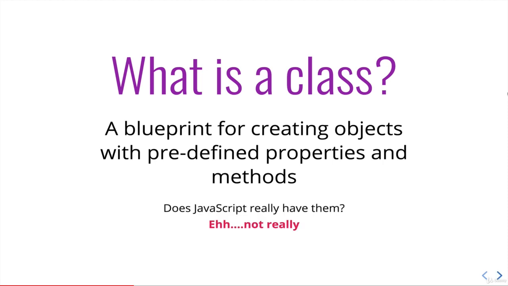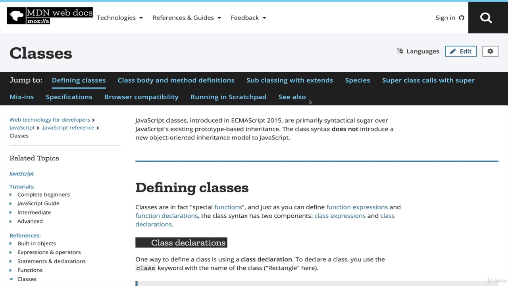So as I kind of hinted at, JavaScript doesn't really have classes. If you go to the documentation on MDN, Mozilla Developer Network, you can see up top on their classes main page: JavaScript classes introduced in ES2015 are primarily syntactical sugar over JavaScript's existing prototype-based inheritance. The class syntax does not introduce a new object-oriented inheritance model to JavaScript.